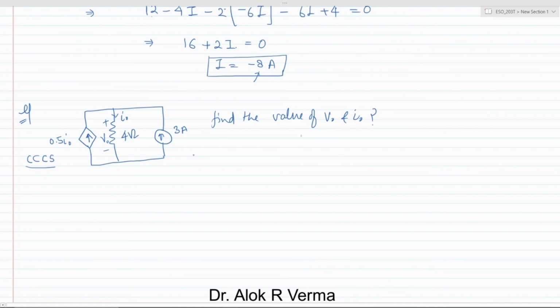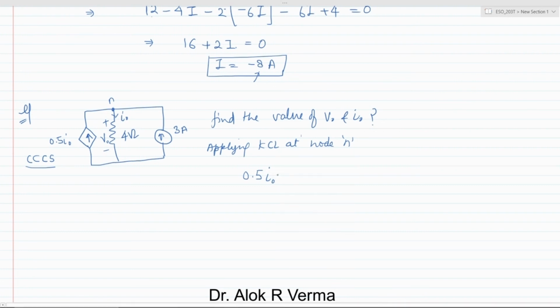So what we can do is look at the node at which this is connected, this node. Look at the total current which is appearing. Applying KCL at node, suppose it is node N. The total current entering is 0.5 I0.